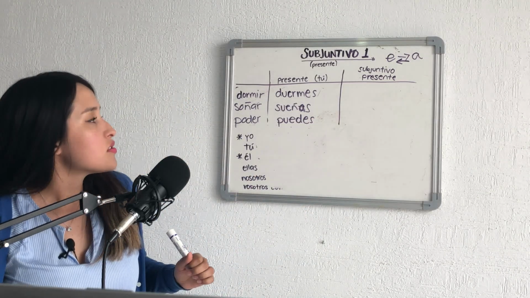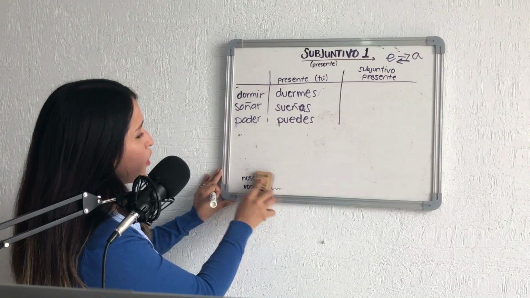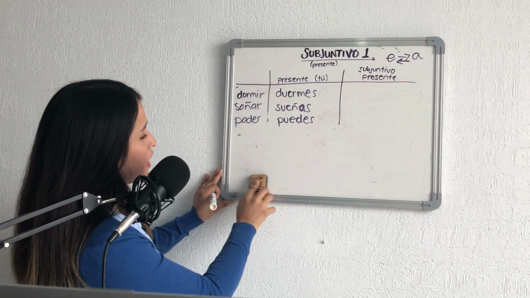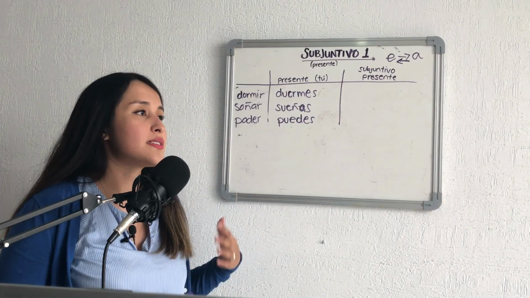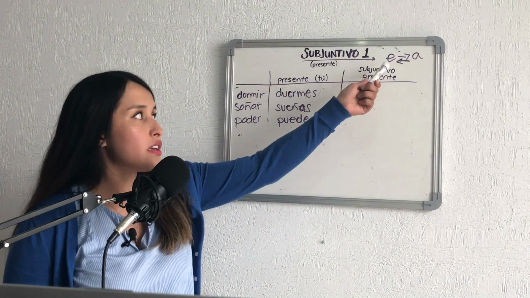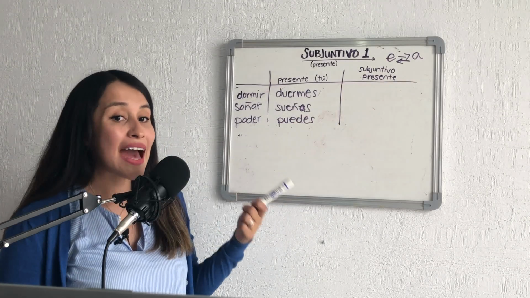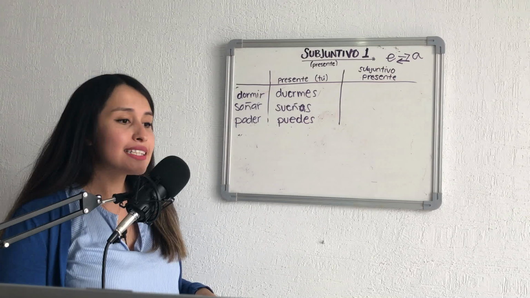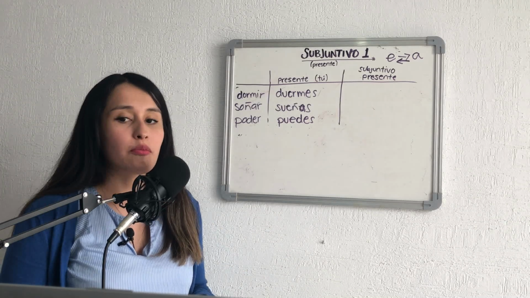Okay, so this is the present tense. Tú duermes, tú sueñas, and tú puedes. That is for tú. So the subjunctive is exactly the same. You only need to change E for A and A for E. So instead of duermes, you're going to have duermas. Instead of sueñas, you're going to have sueñes. And instead of puedes, you're going to have puedas.